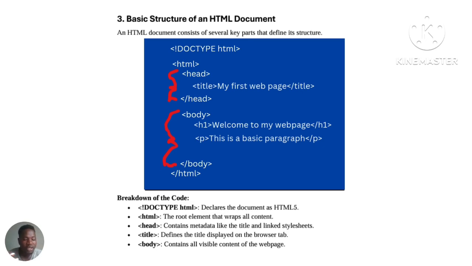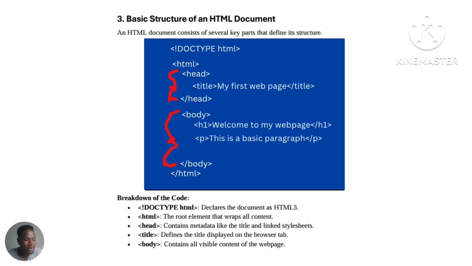H1 is also the largest heading size in an HTML document, but it ranges from H1 to H6. H1 is the largest. If you use H2, the heading will get smaller. If you use H3, it will get smaller, and so forth up to H6.